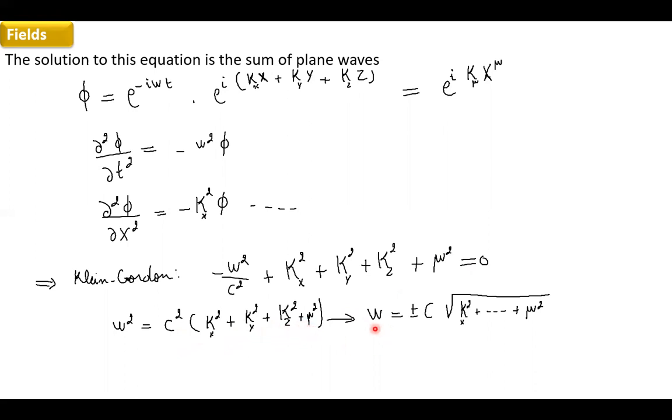So omega, the angular frequency, would be equal to plus or minus c times the radical of kx squared plus ky squared plus kz squared plus mu squared.